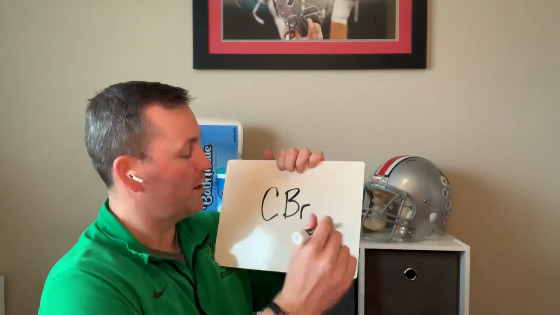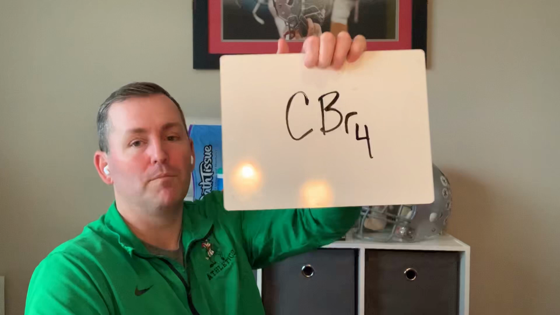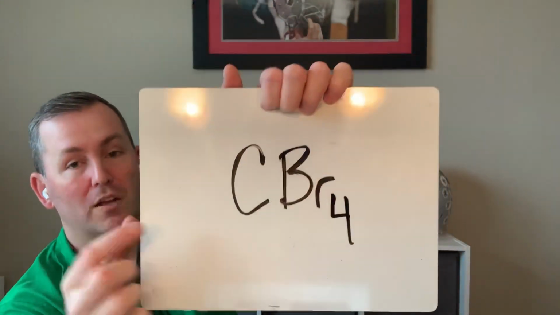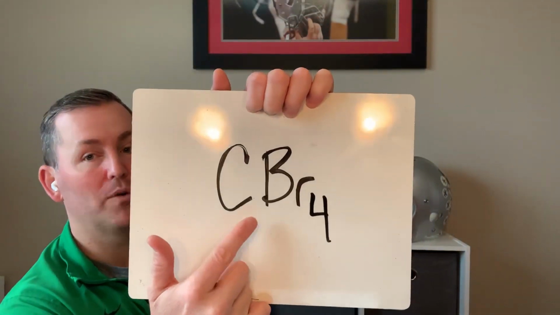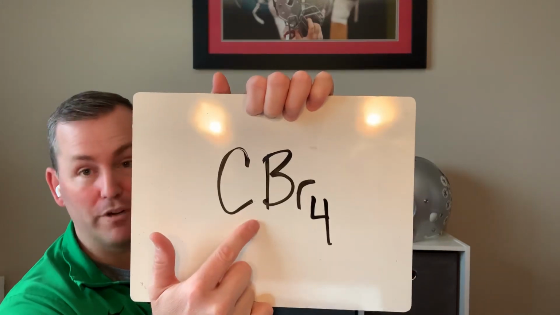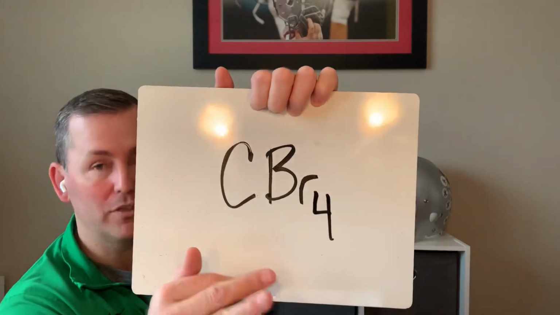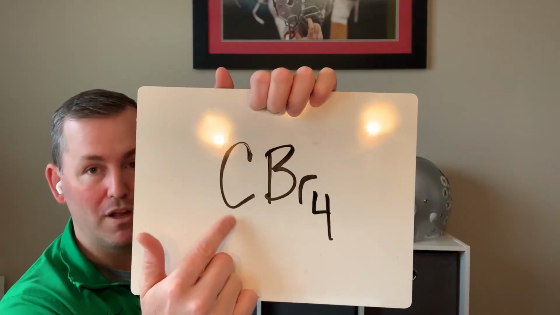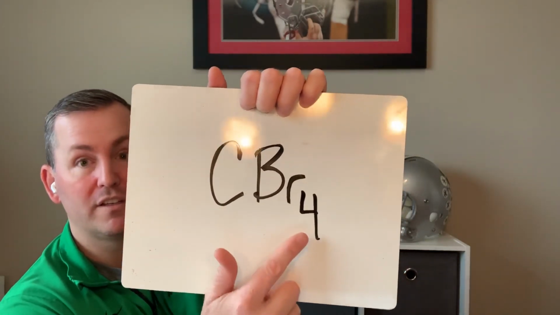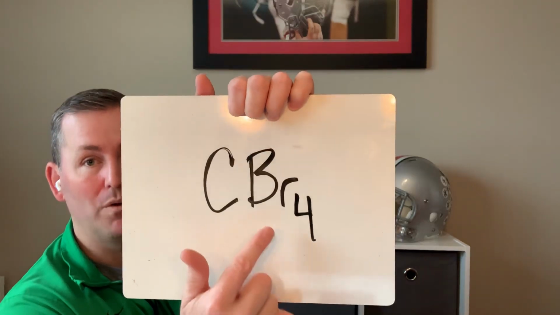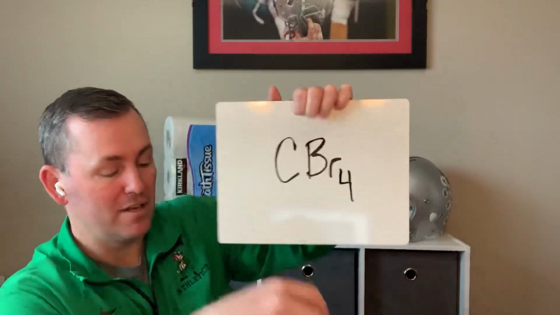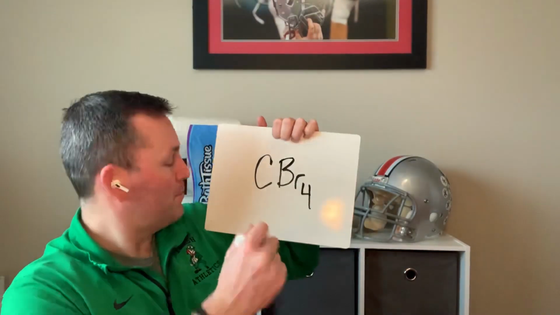This is one that we've seen a lot more. CBr4. This is one you've seen. Carbon, is there a number right here? We don't need to put the mono in front. It represents 1 carbon. It's not monocarbon, it's just carbon. We don't put the mono in front of the first one. Carbon tetrabromide.